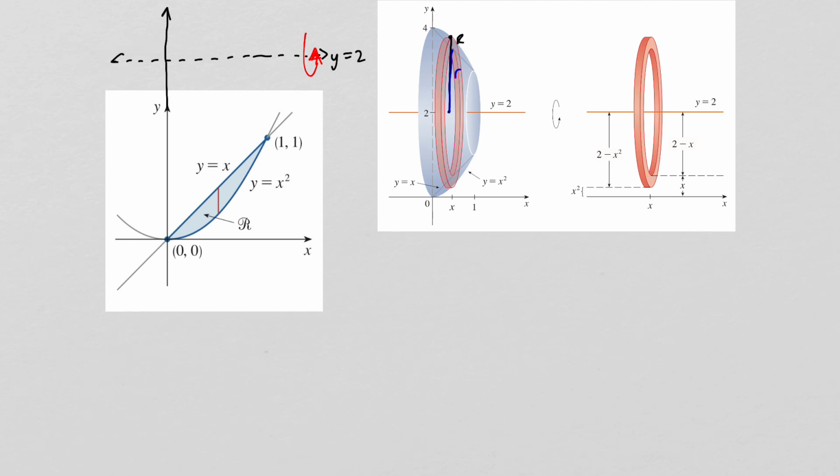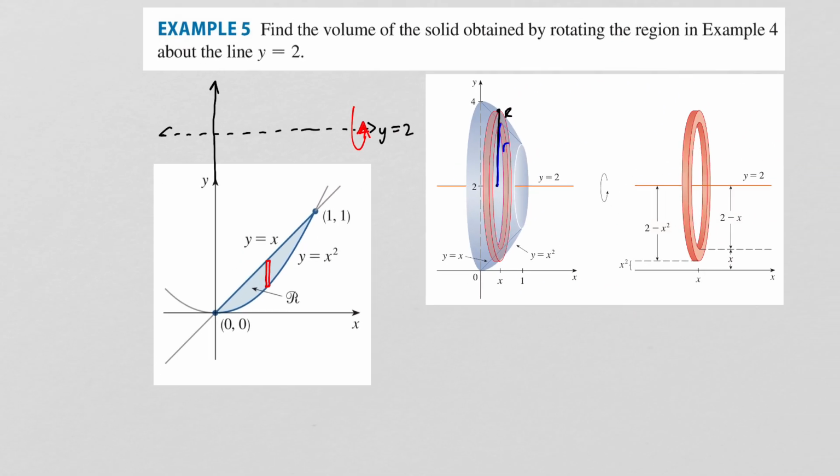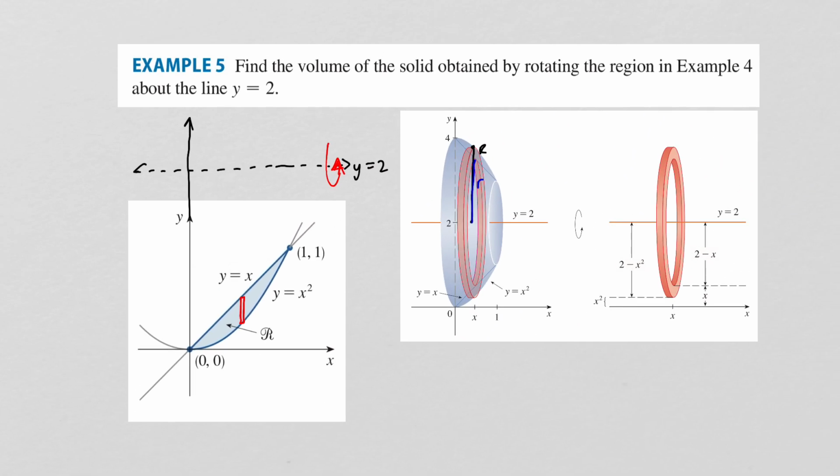So big R is the distance from the axis of revolution, which is y equals 2, to the farther end of the region. So remember, there's a representative rectangle here, and when that gets rotated around this line, you're going to have a mirror image of that rectangle up here, and big R is the distance from the axis, which is right here, to the farther end.